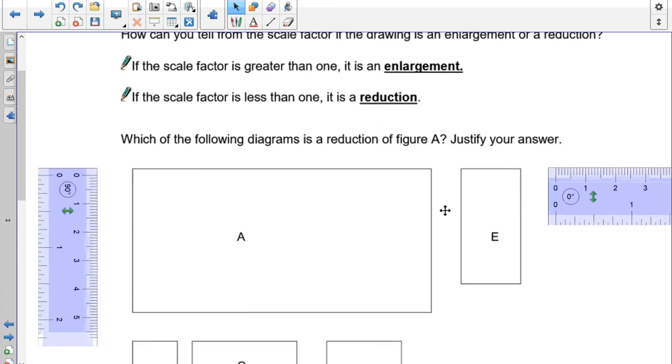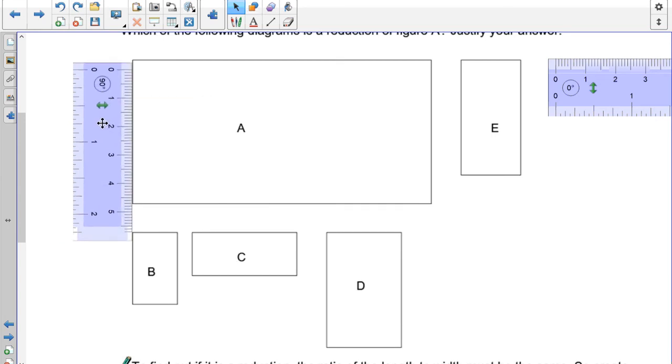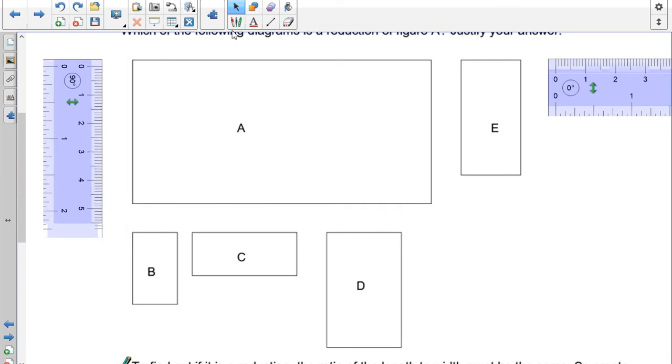So here, what we're going to do is try to figure out which one of these is a scale diagram that matches A. To do that, we need to have the dimensions. So I want you to stop the recording, and I want you to fill in all the lengths and widths of those 5 diagrams. Okay, so just do it real quickly here. Okay, that is 5.